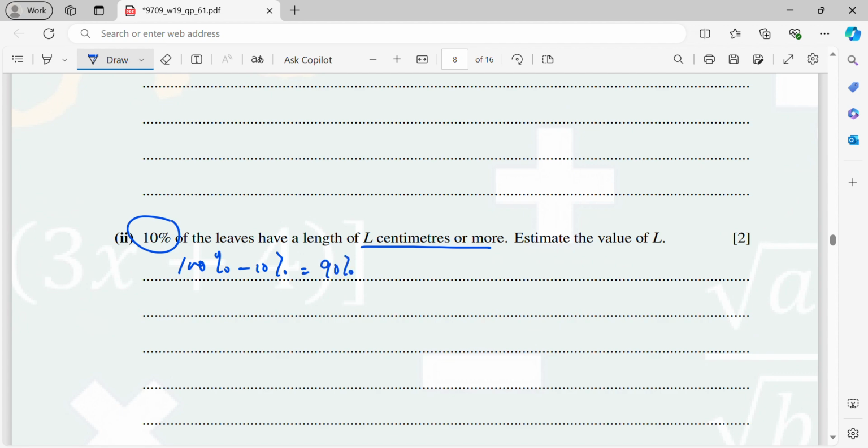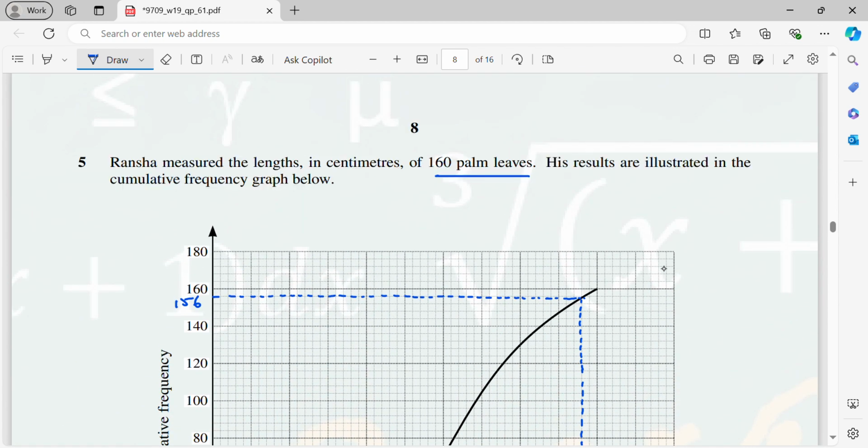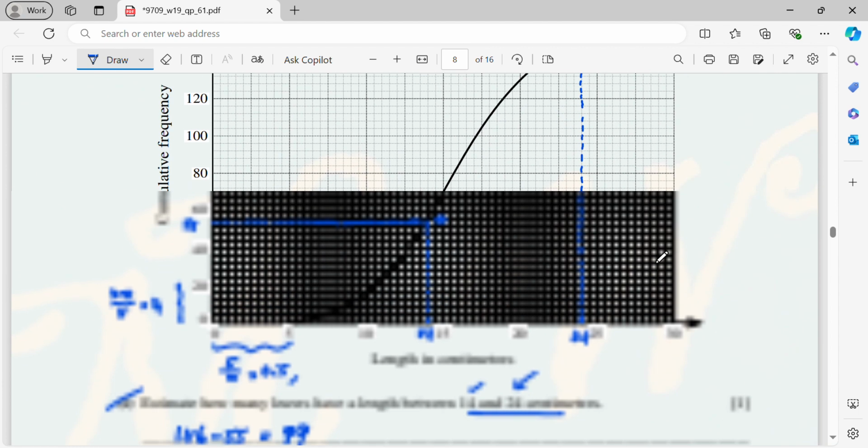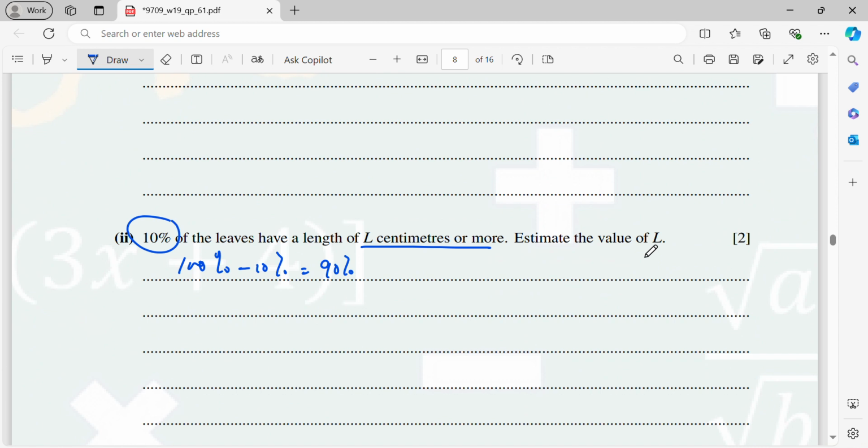So now it's 90% of the total. So the total here, look at the graph, is up to 160. So 90% of 160, that is 0.9 times 160, then that is going to be 144. Okay, this will be the top 10%.